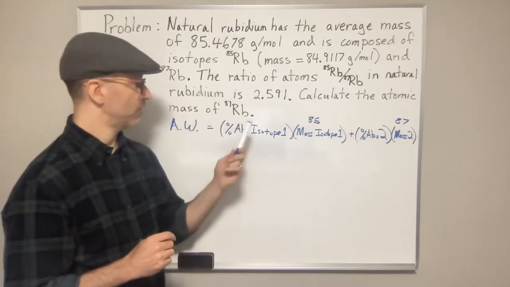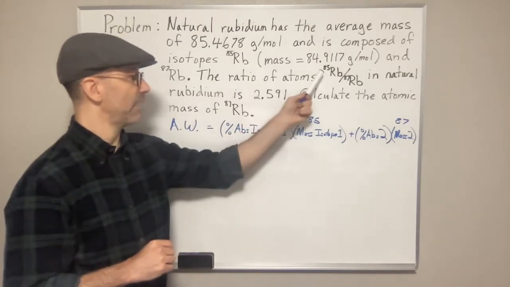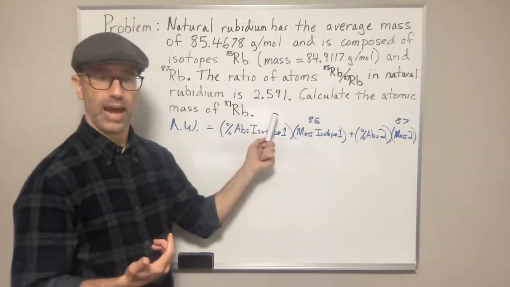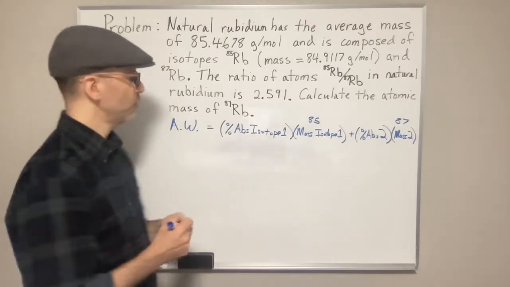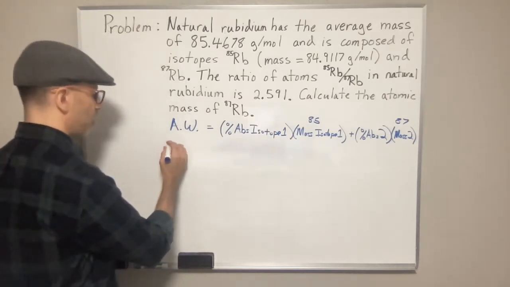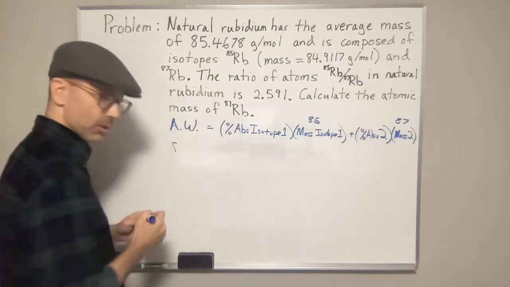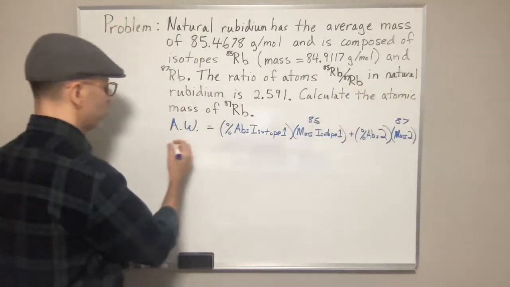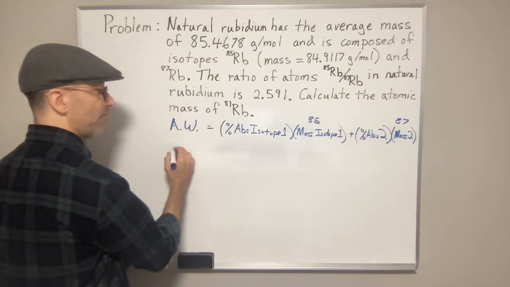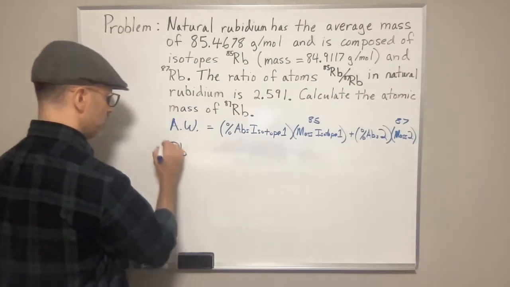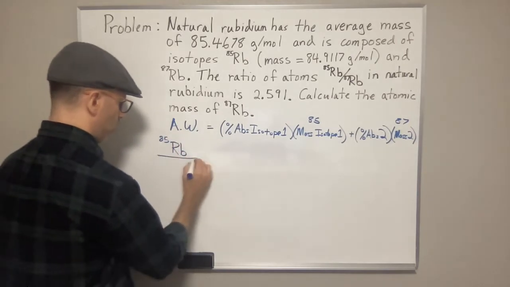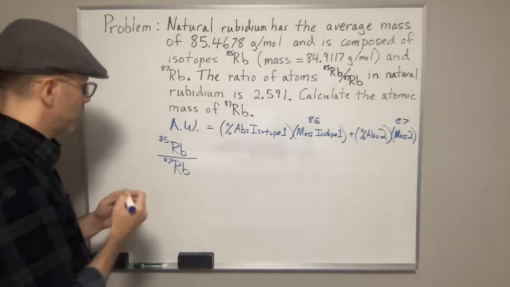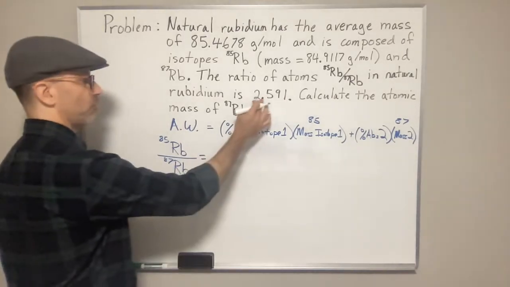But the key here is this fraction here. They gave us the ratio of rubidium-85 to rubidium-87, so we've got to use that. So how do we use that? This is how. Rubidium-85 over rubidium-87, and that ratio is 2.591.